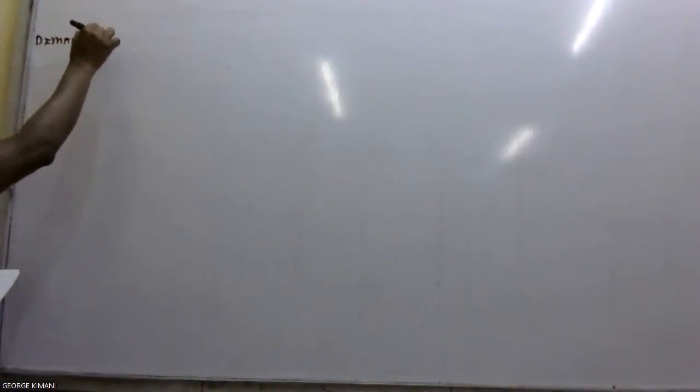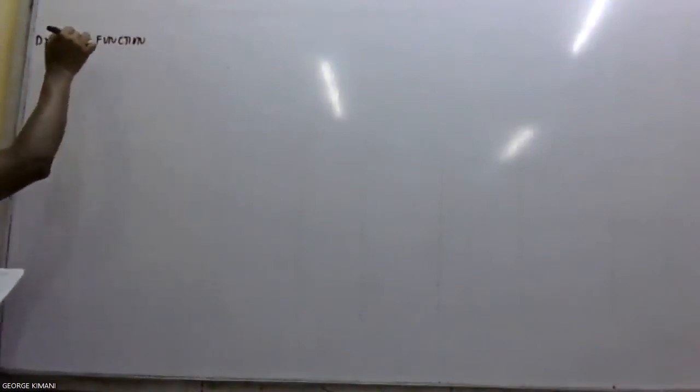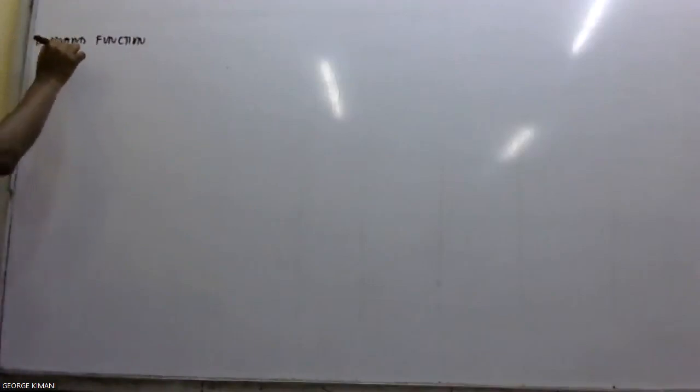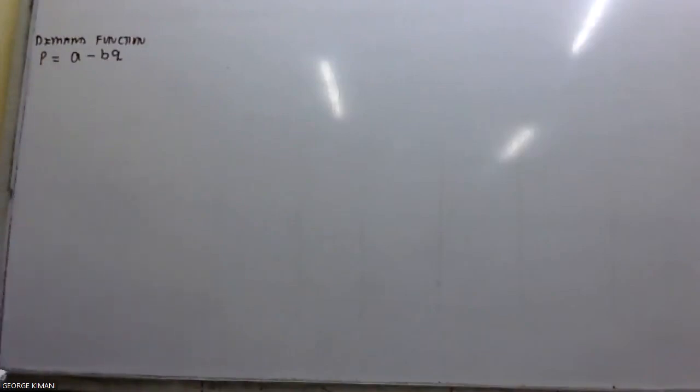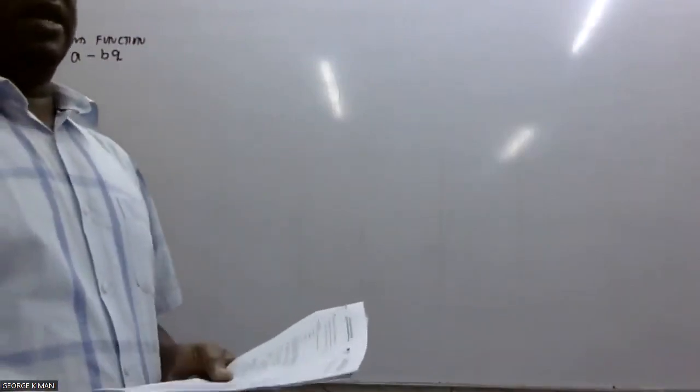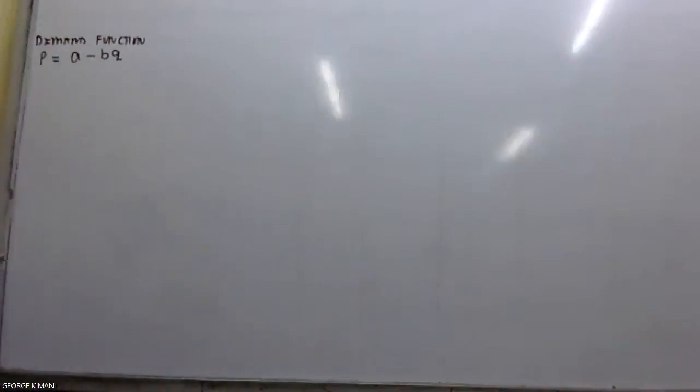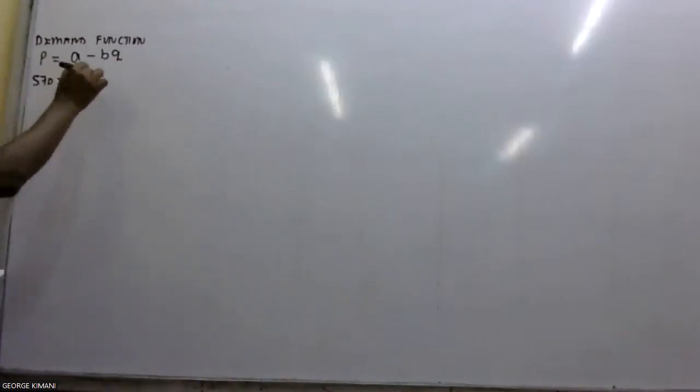So the first thing there is to come up with the demand function. Now, demand function is the one that says price is equal to A minus BQ. It's the one that shows the relationship between price and units. So we are told at the price of 570, the units that are demanded are 400.